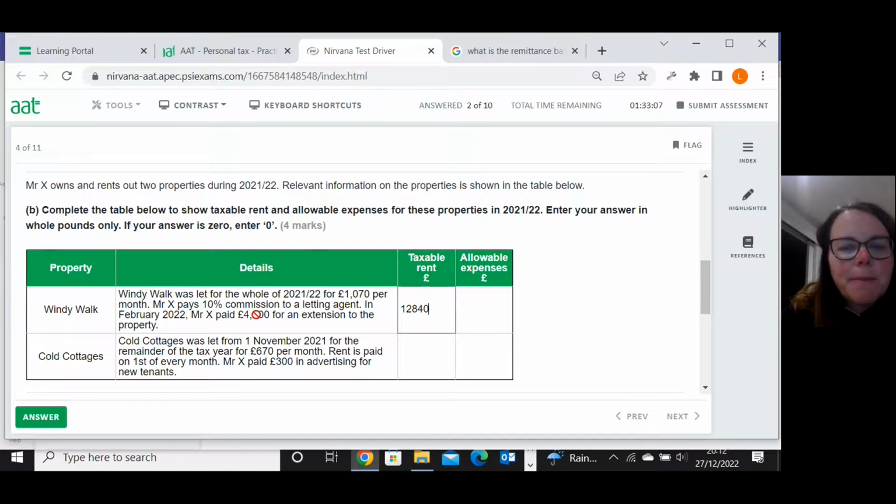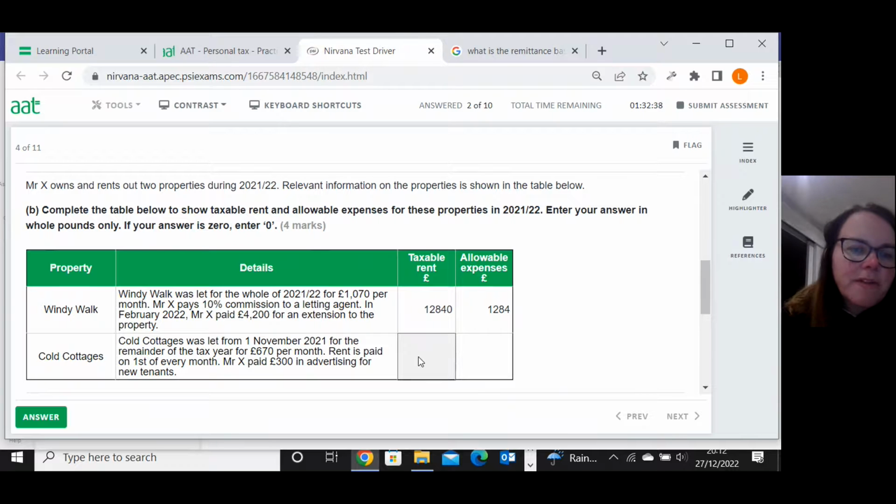Paying 10% commission, so that would be 1,284. Is this allowable, 4,200 for an extension? No, it's not, because that's not revenue expenditure. And we're dealing here with income tax, not to be confused with capital expenditure when we work out our capital gains in the later part of the exam. So our expenses are just 1,284, the 10%.